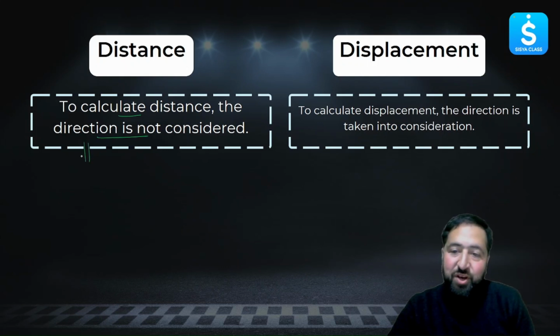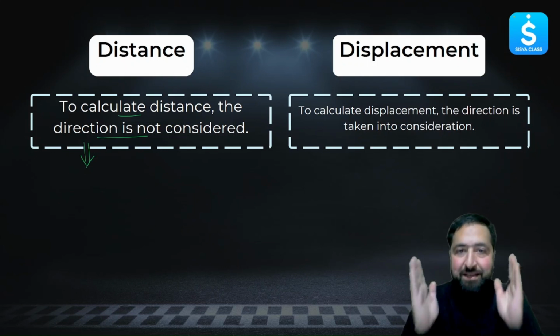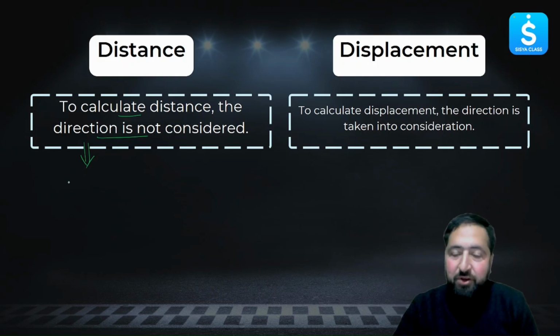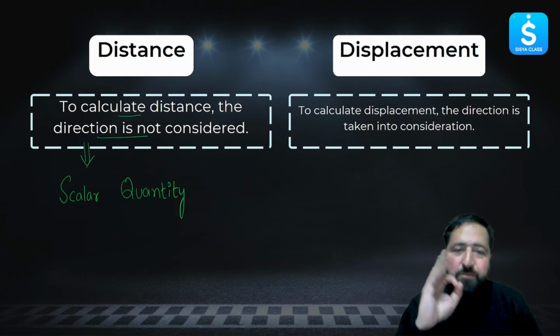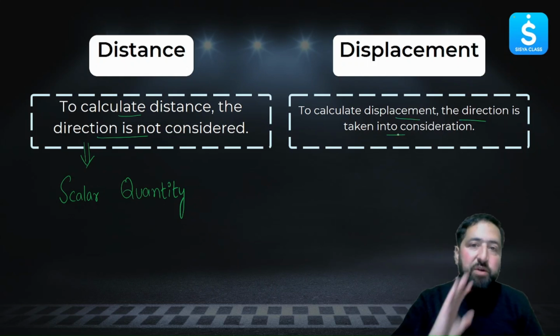And tell me, what kind of quantity is that wherein the direction is not considered at all? Yes, obviously, that's called a scalar quantity. So distance is a scalar quantity. And my dear students, when we talk about displacement, to calculate displacement, the direction is taken into consideration.